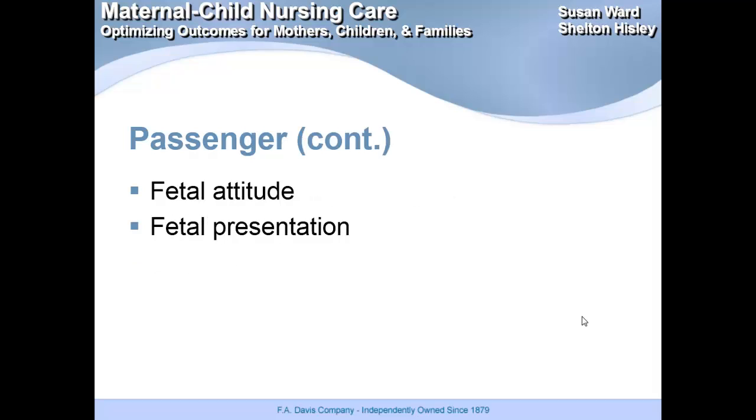So fetal attitude, fetal lie. That is the relationship of the long axis of the woman to the long axis of the fetus.